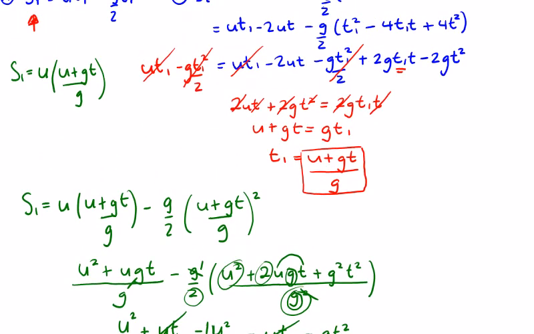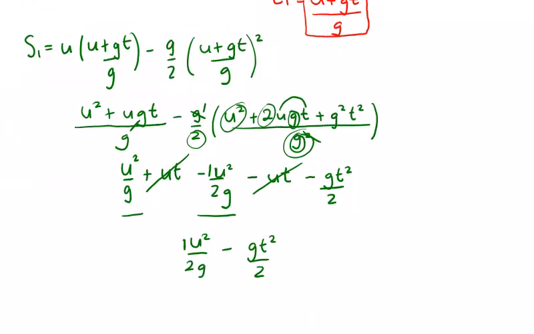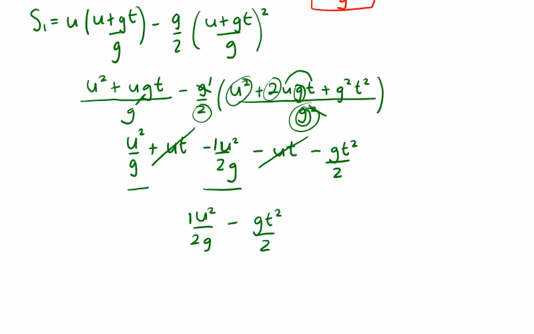So we just look back over what they were looking for. The denominator was 2g, so let's make both the denominators 2g. So we're going to have u squared over 2g minus gt squared. Now it's currently over 2, so if I add a g onto the bottom, I would have to add another g onto the top, which would make that a squared.